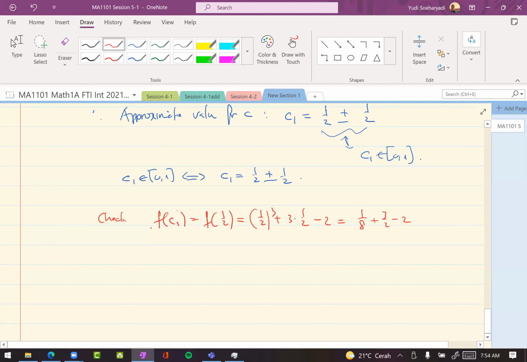And 1/2 is larger than 1/8, so this should be negative. No need for the exact value, only its sign.